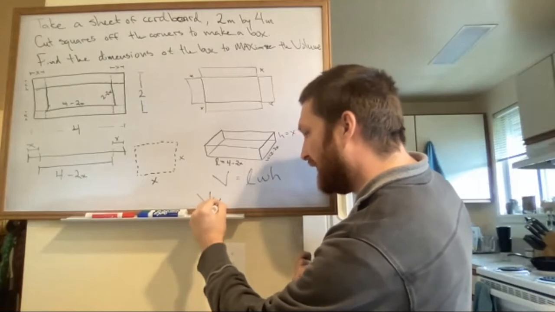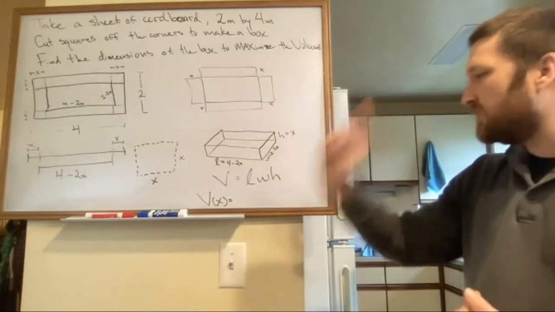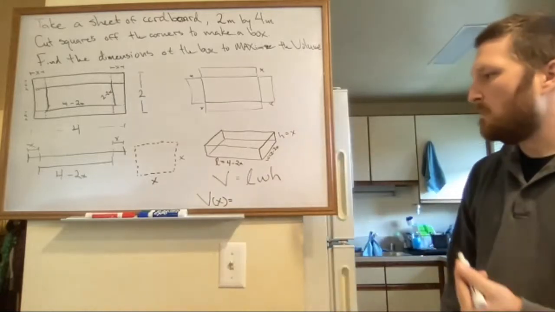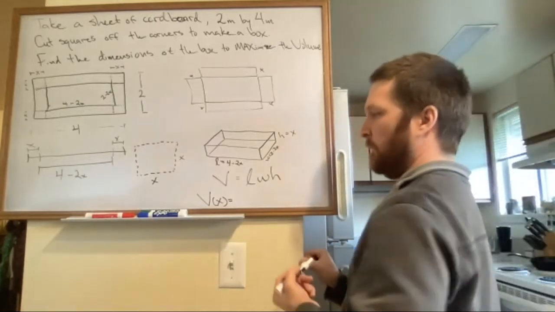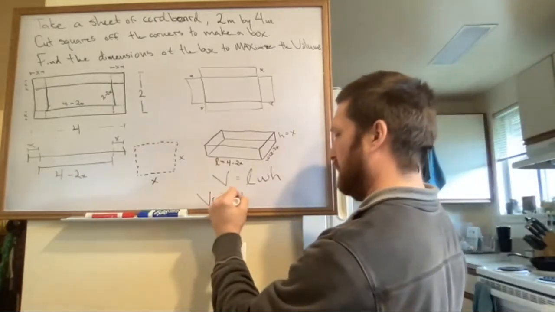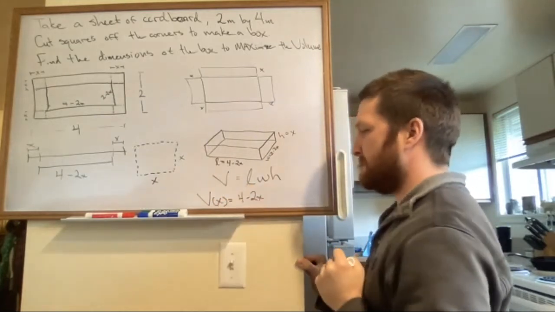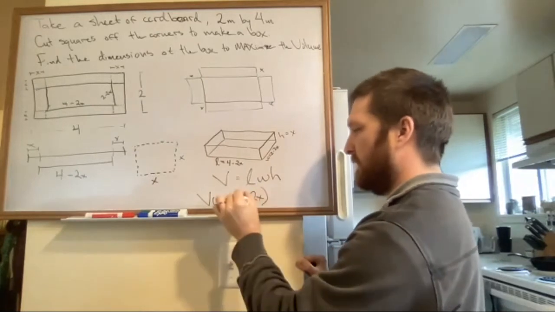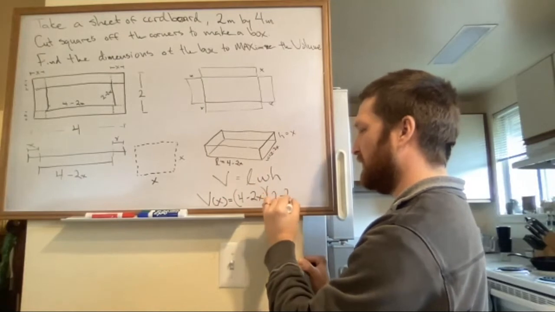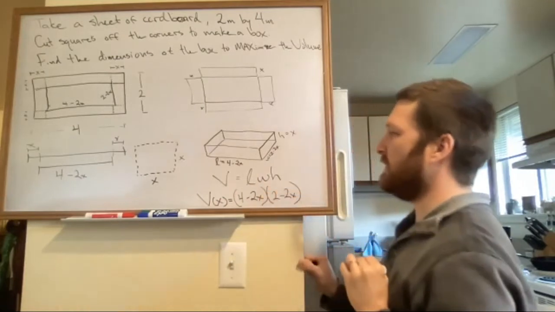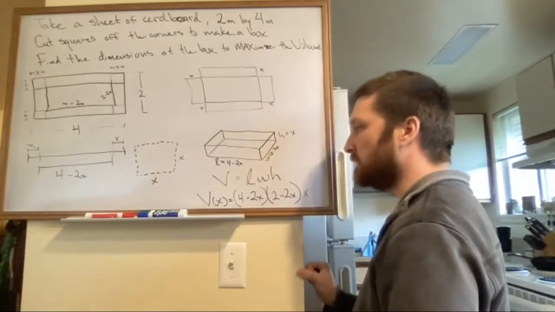So V of x now, as I can see, that's my only variable, is equal to what? 4 minus 2x times 2 minus 2x. And I'm going to use parentheses because those are my best friends here. And then finally times what? x. Times x. There we go.